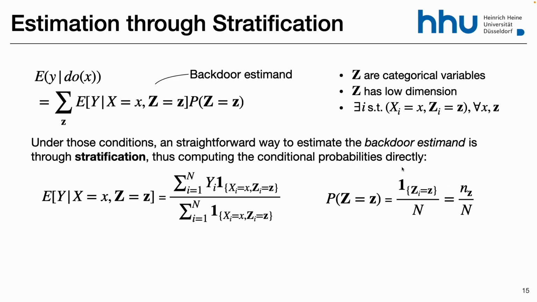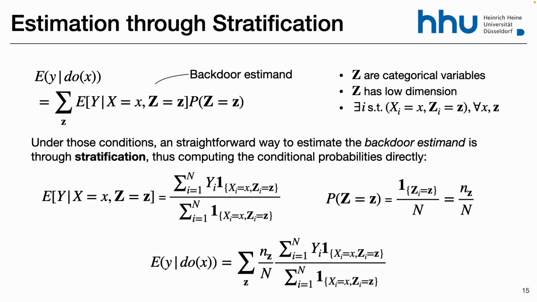You just get all the z's in your sample that are in this category and divide by the total number of samples, and then you get the probability of z. So this works because z is categorical, low dimensional, and everything. And then the expectation of y given x you can estimate easily by counting, basically. So that's what it's doing.